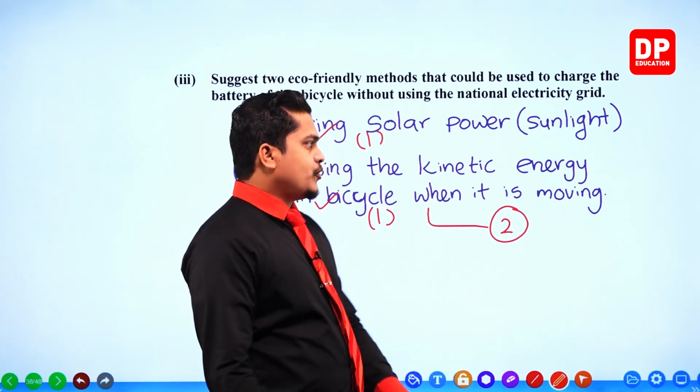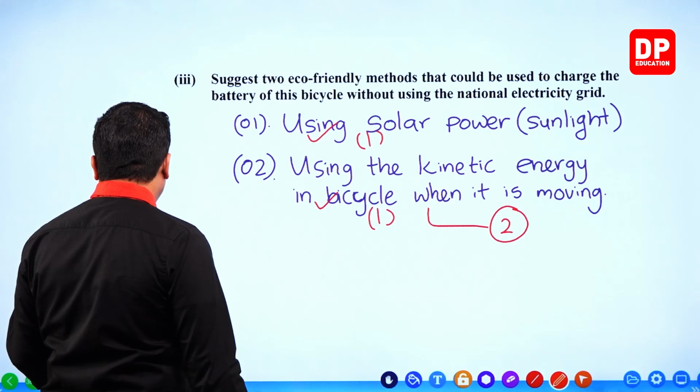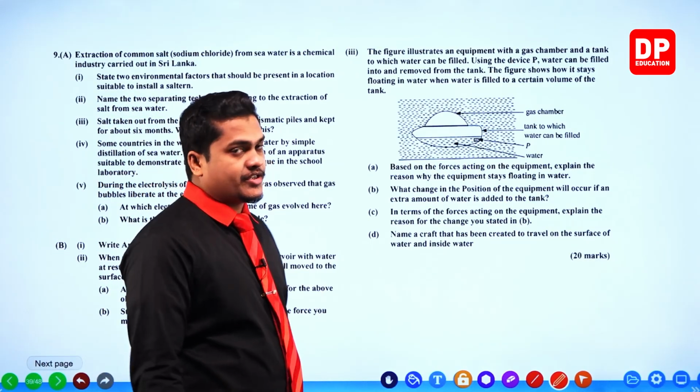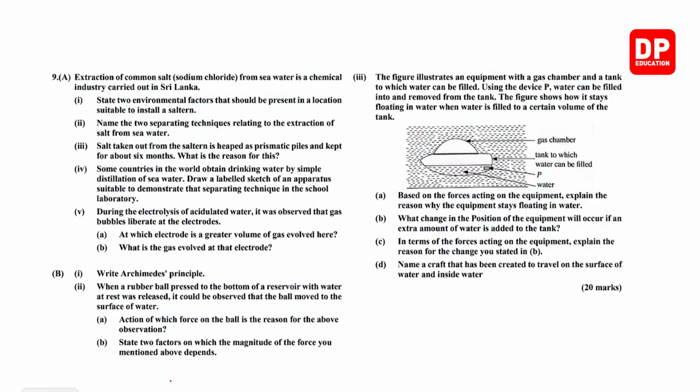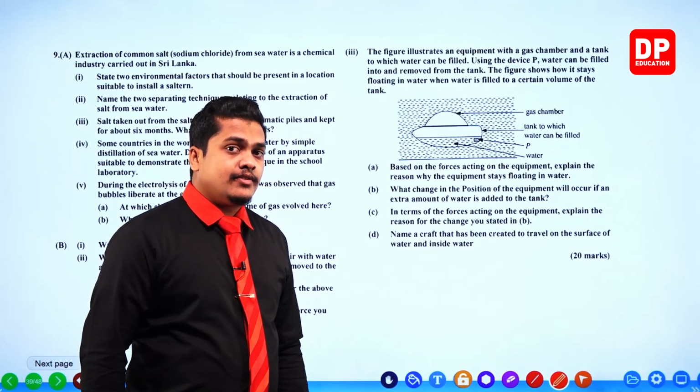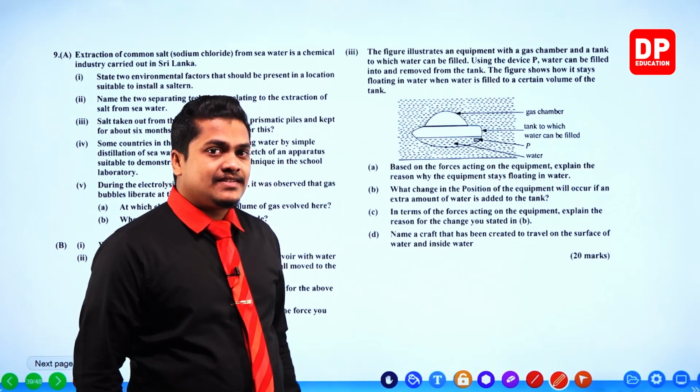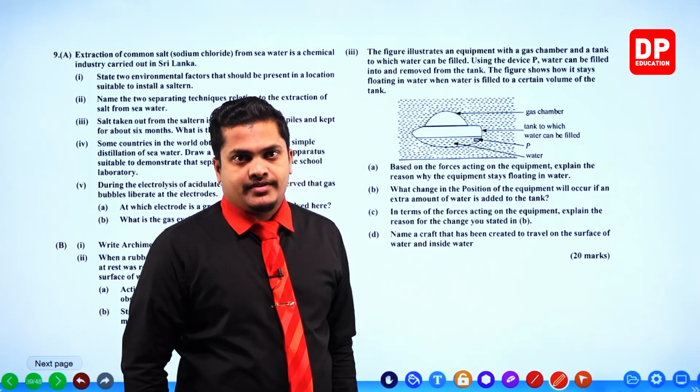So now it's time to answer the next question. Question number 9, the final question. In part A, you are given a question about salt extraction, sodium chloride. Salt extraction is related to the mixtures lesson in grade 11, a chemistry lesson.